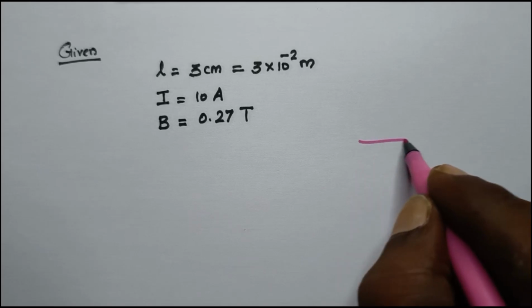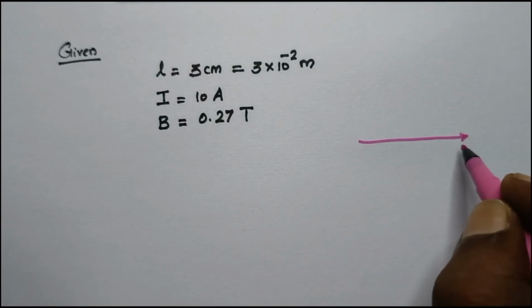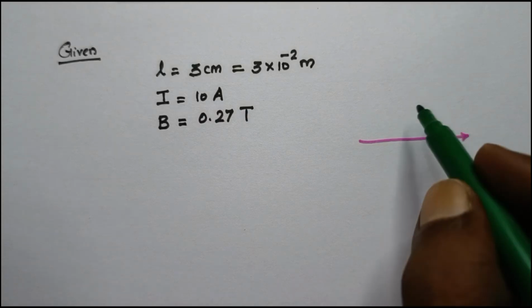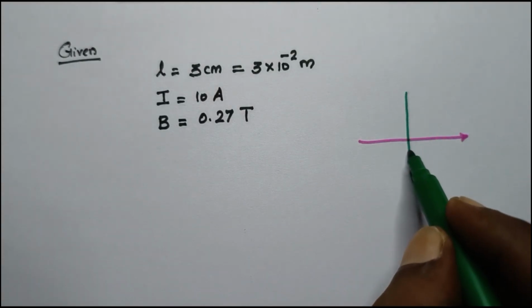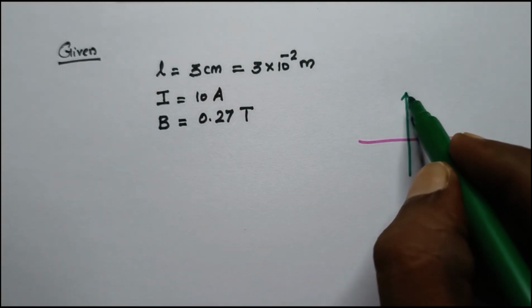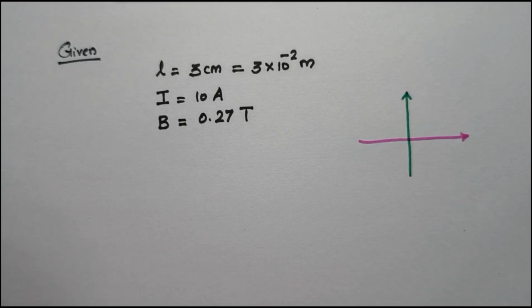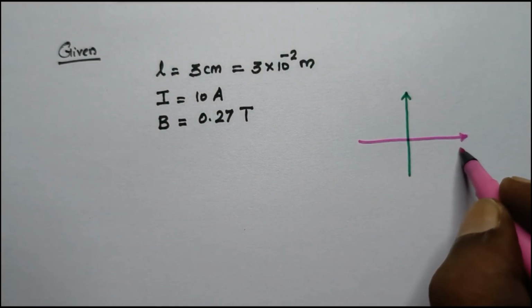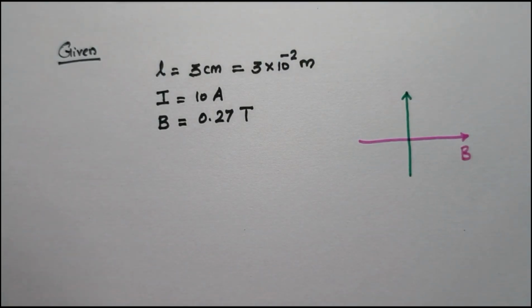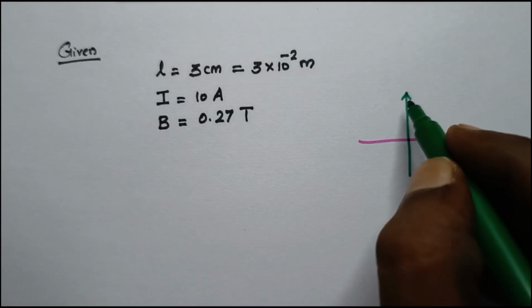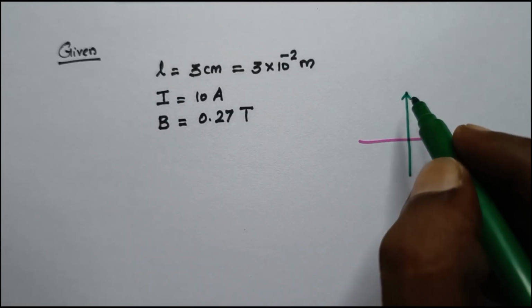This is the axis of the solenoid and it is also the direction of the magnetic field. The current carrying conductor is placed perpendicular to the axis of the solenoid. So this is the direction of the magnetic field. This is the direction of the current carrying conductor or current carrying wire.